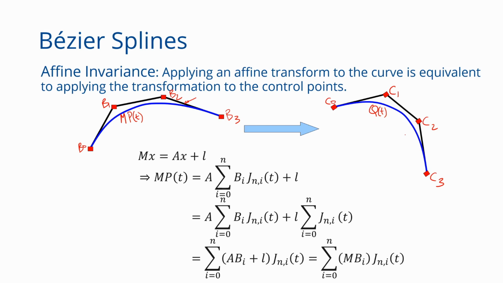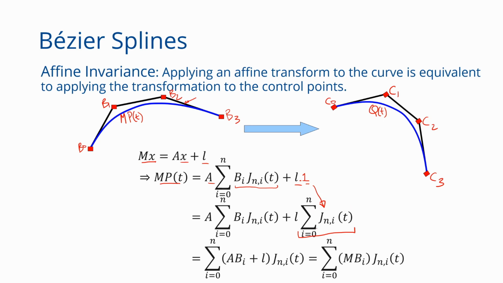Okay, how do you prove this? You say that an affine transformation M of x can be written as A x plus L, where A is linear and L is the translation. Then if you apply M to P of t, you can just say it is A times the Bezier curve plus some L. Now this is L into 1. This 1 you can expand as this because of the property of partition of unity.